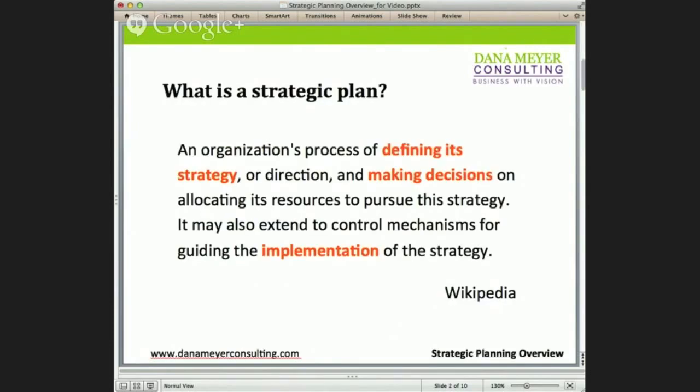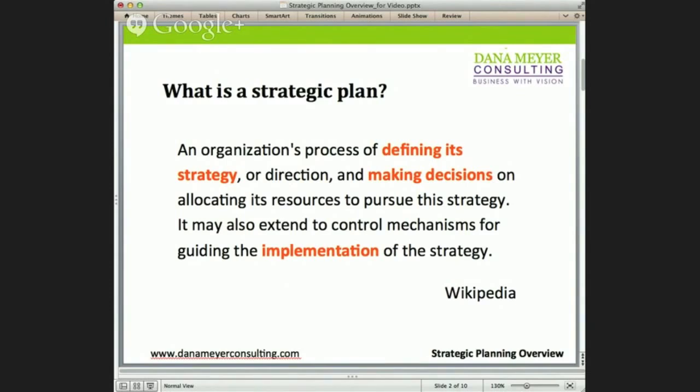So, what is a strategic plan? I like this working definition from Wikipedia because it hits on several of the main areas that help to delineate between different phases of the strategic planning process. The first is it's simply an organization's process of defining its strategy or direction for the future.